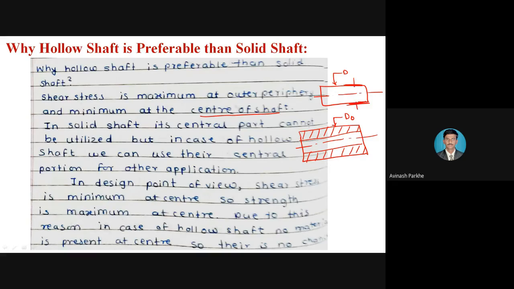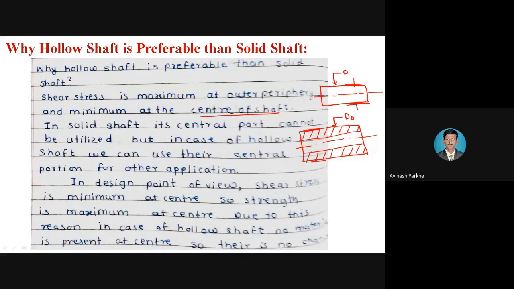Similarly, in a hollow shaft, the shear stress is maximum at the outer diameter DO, but it is minimum at the center. In a solid shaft, at the center point the shear stress is minimum compared to the shear stress developed at the outer periphery.